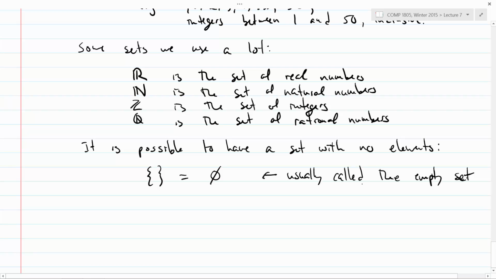One thing you should not ever do is confuse that as this. That is not the same thing. So this thing here, this is a set that has one element in it, and that single element happens to be a set. And then that set has no elements.